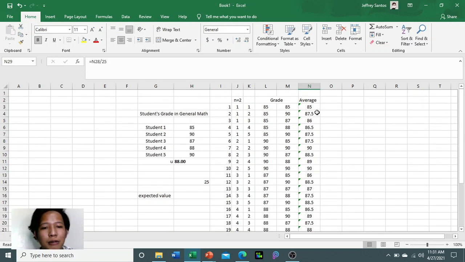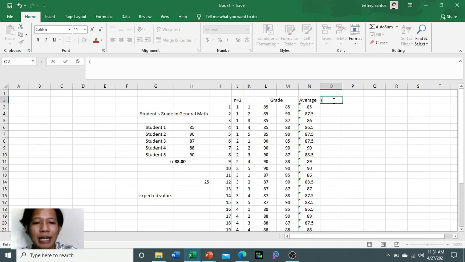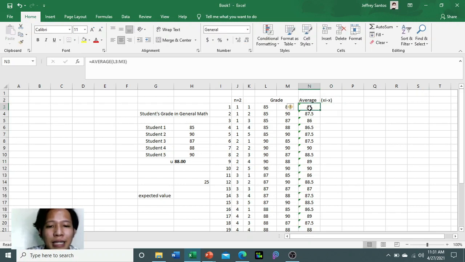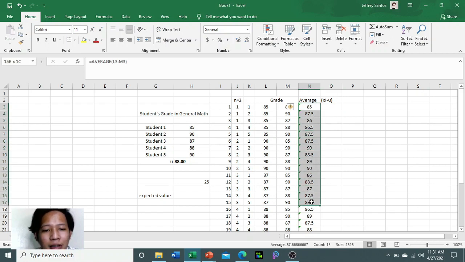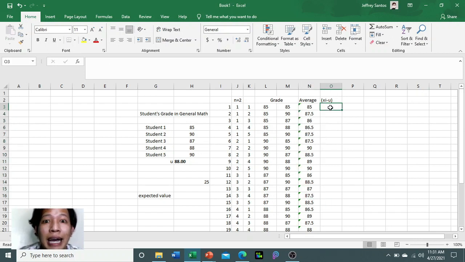mean, what we're going to do is, kung natatandaan ninyo, is that we have x sub I minus our sample mean. Alright? So, our population mean, which is U or mu, is 88. So, lahat ng average na to is i-minus natin sa ating or i-deduct natin sa ating population mean.